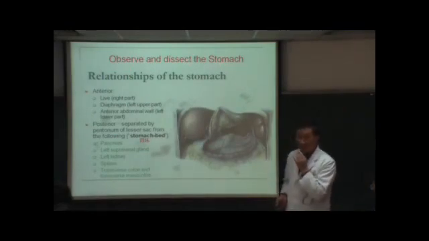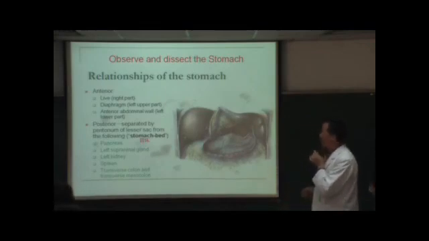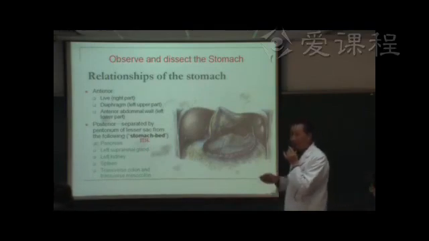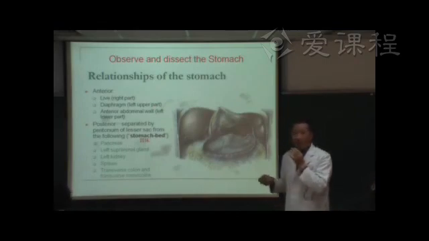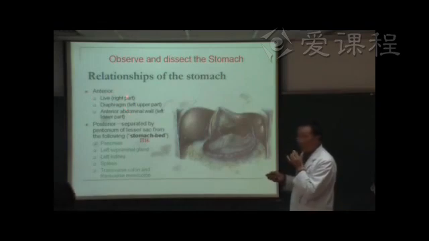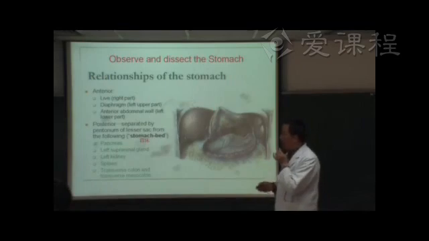What is the stomach in Chinese? Of course, you know. We should know the relationship of the stomach with its neighbors. What structures are on the anterior aspect of the stomach? In the anterior aspect of the stomach, there are the liver, of course, on the right side, one part.